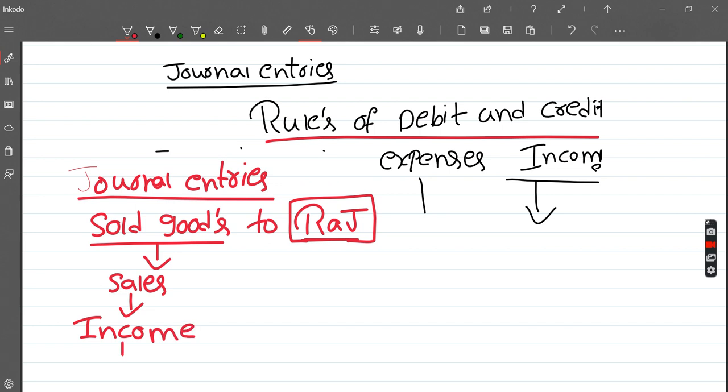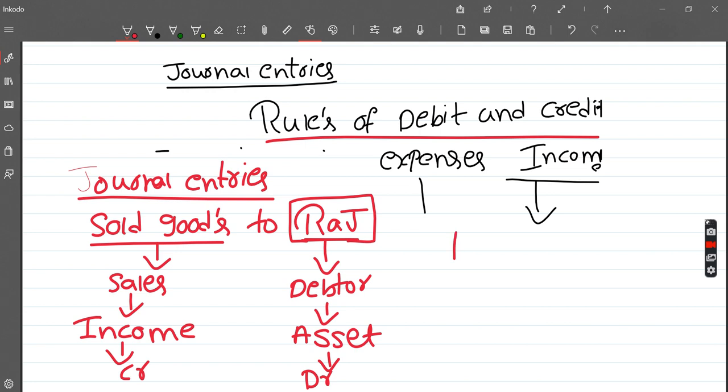So we will credit this. And then Raj. Raj is a debtor, and debtor is an asset. Asset shows debit balance, right?